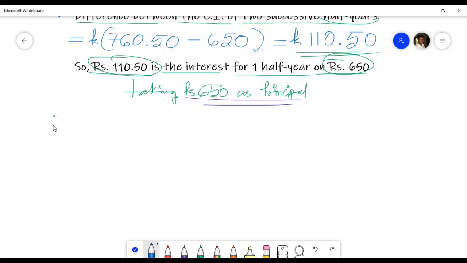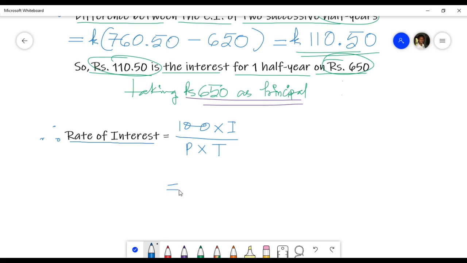Now using the formula to find the rate of interest, when will we use this formula? We will use this formula when the interest is given, or we have to find it. Like in this case, we subtracted to find it, and we assume principal to be 650 and time is half year.